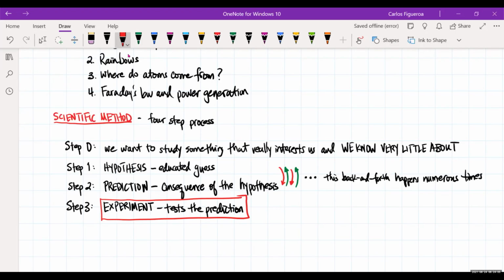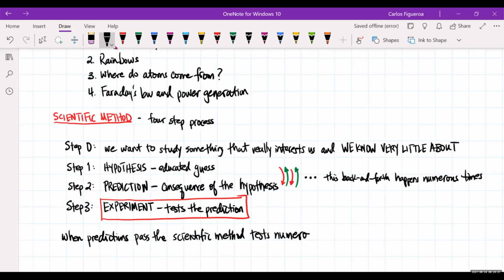And a lot of times, I want to say this here, is that when predictions pass the scientific method test numerous times.